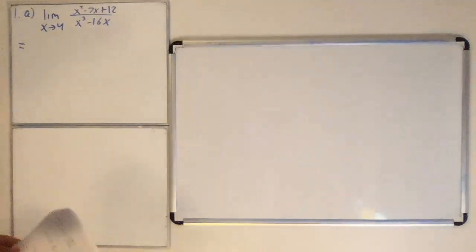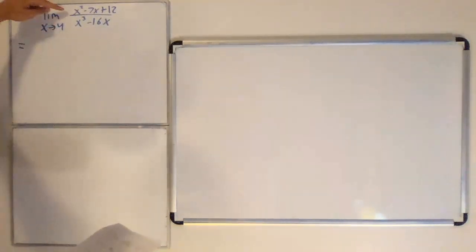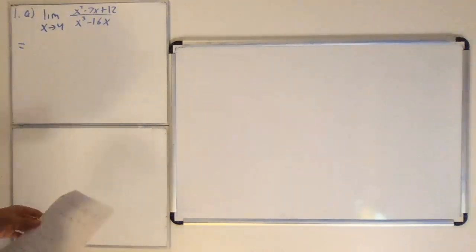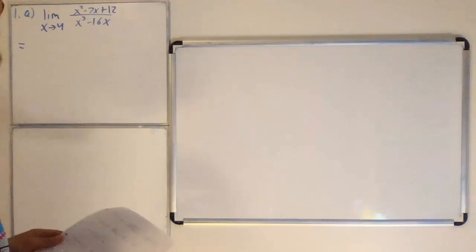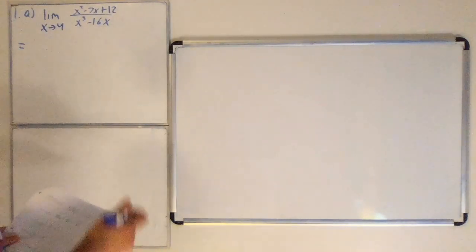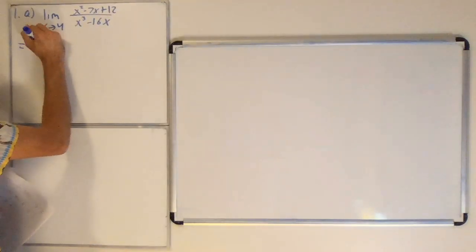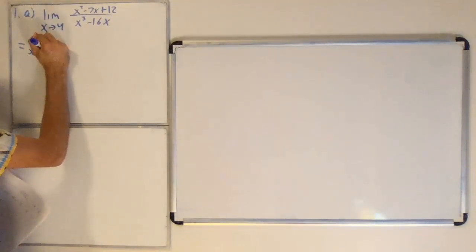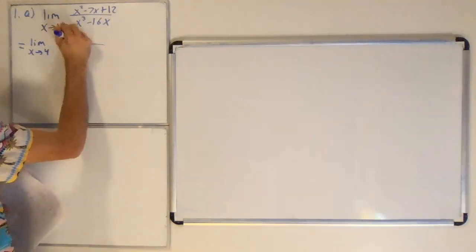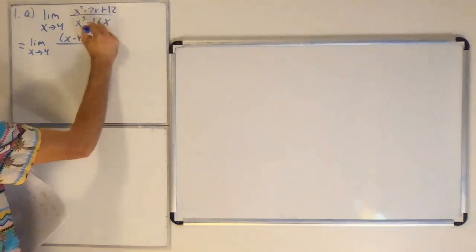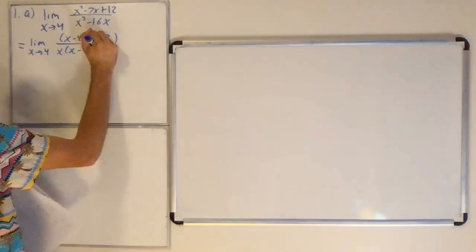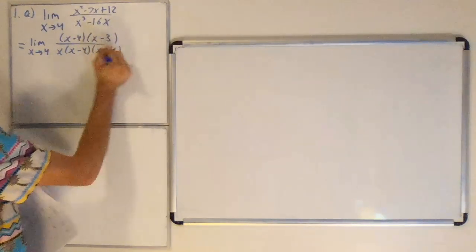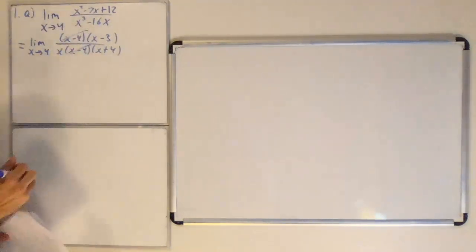Okay, so the first thing you should try to do is just plug in x equals 4. But if you did that, you would get 0 over 0. So that's not going to work. What we could do is factor the numerator and the denominator, and cancel out anything that cancels out.